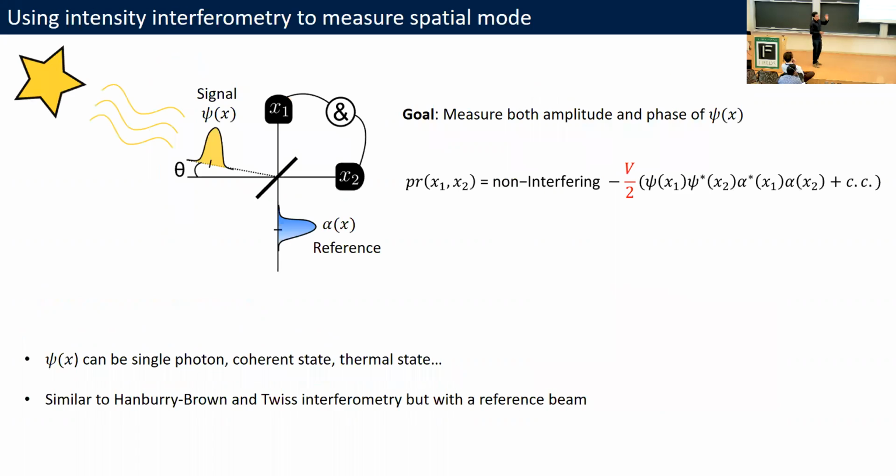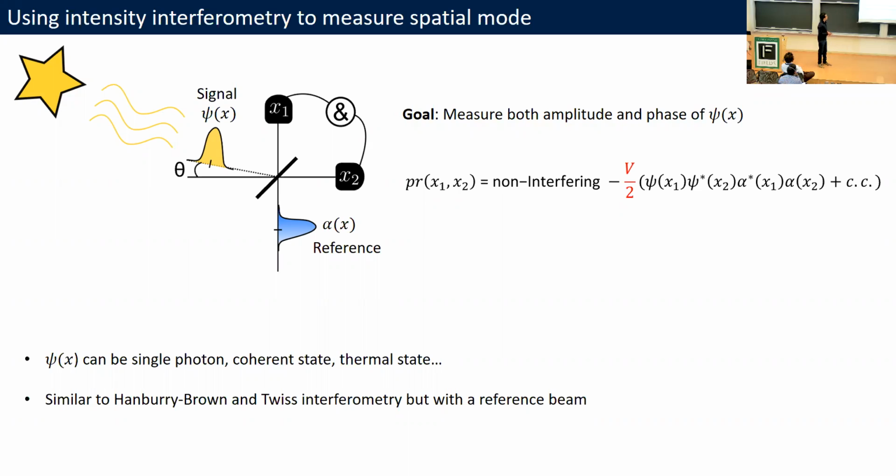So essentially, it's the exact same thing as I showed in the spectral domain, but now in space. And the nice thing is that your signal can be coming from quite far, and because this doesn't rely on phase stability between the signal and the reference, you don't have to worry about the fact that it's coming from far, essentially.